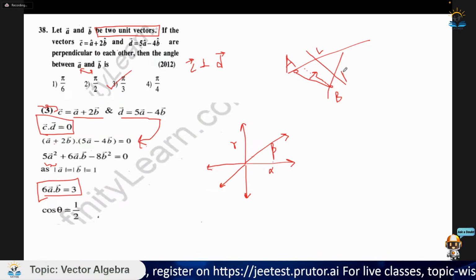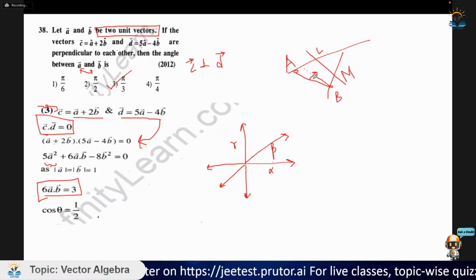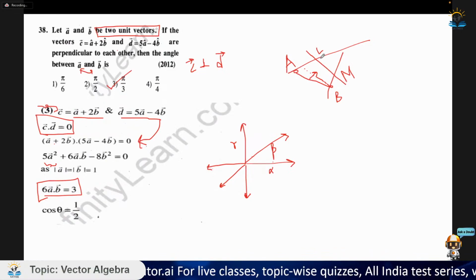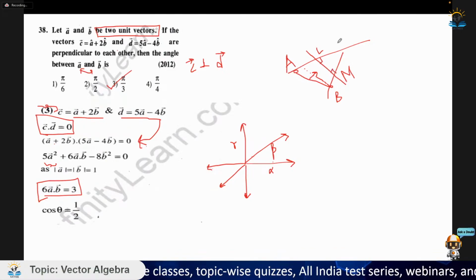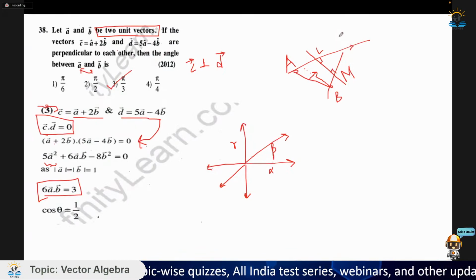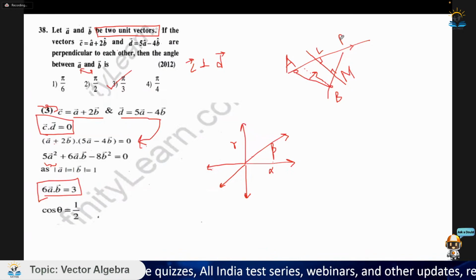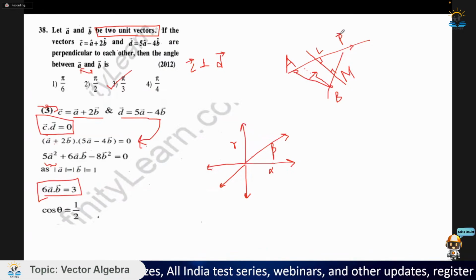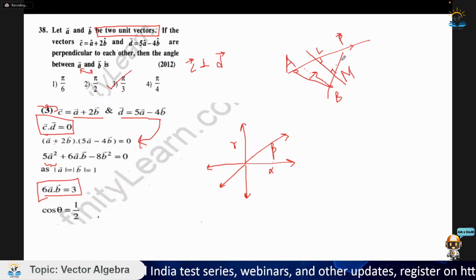We have to find the length lm, which is perpendicular to both these lines. This line is in the direction of the p vector, and this is in the direction of the q vector.